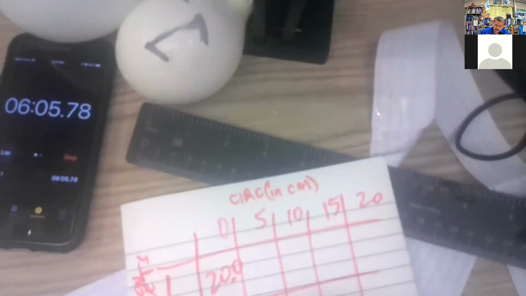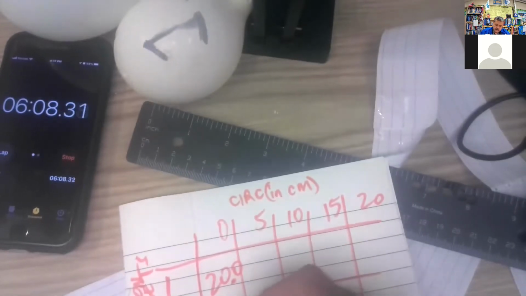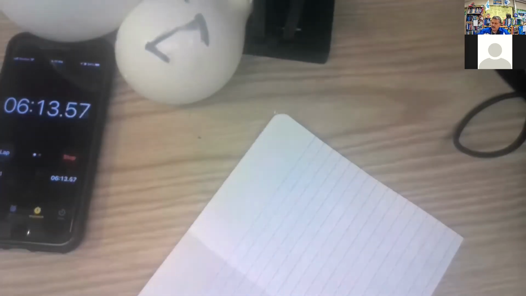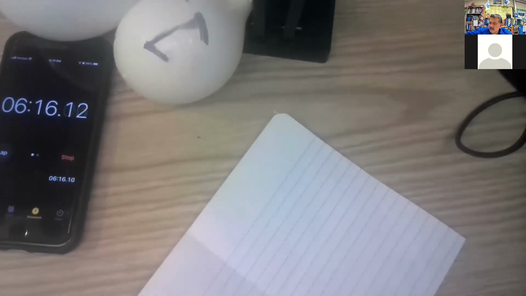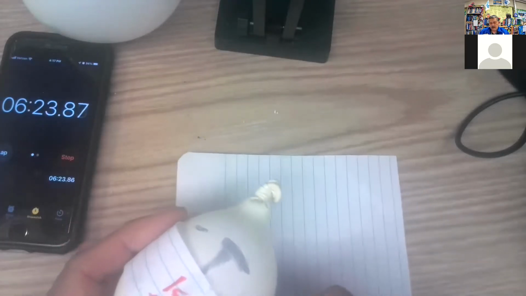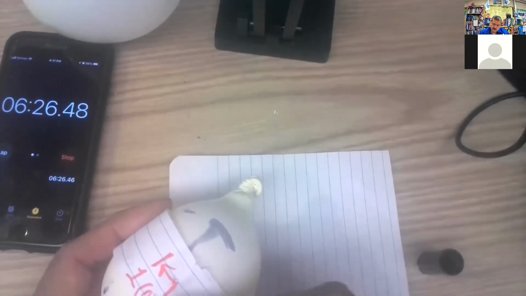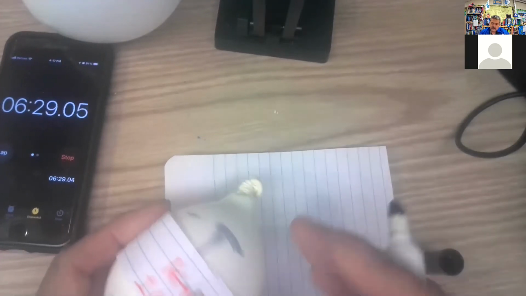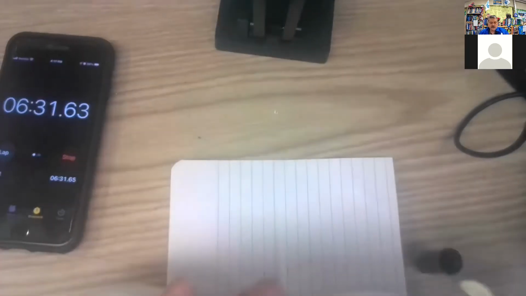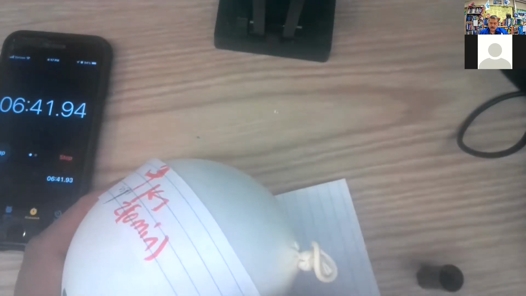So let's do a second measurement for 1 and 2 and 3. There's 1 and then there's 1. Let's take our number 2. 2, I guess, is the biggest, right there.